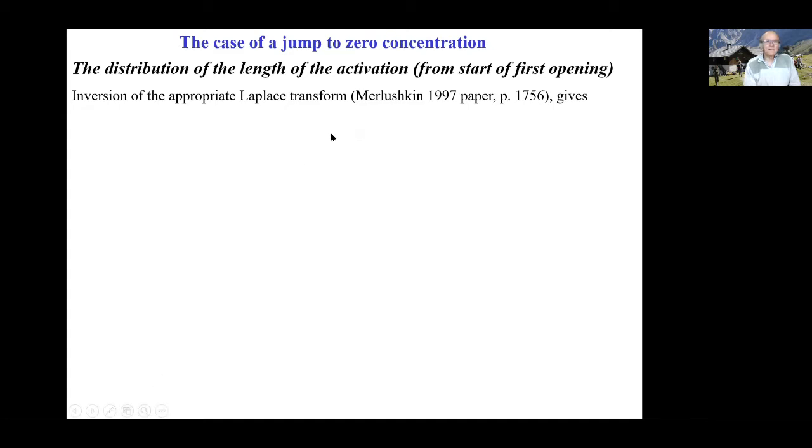So now let's consider the distribution of the length of an activation from the start of the first opening to the end of the last opening. We can write down the Laplace transform of this fairly easily, as in the case of the burst length distribution. It's very similar. The inversion is quite tricky. This is another one that I got and was quite pleased about.